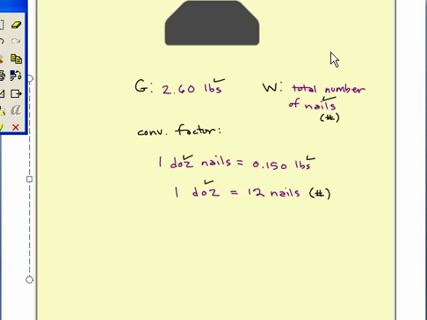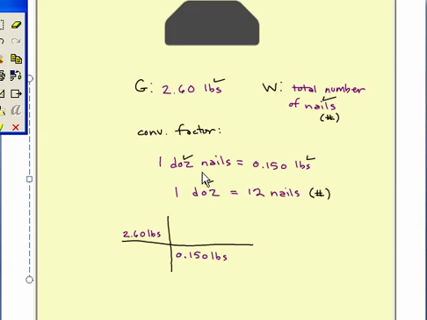Okay, so we're going to set up our railroad math the way we always do. We're going to start out with our given, 2.60 pounds, and then I'm going to use my conversion factor. I have pounds here. I must have pounds down in the denominator. So 0.150 pounds.